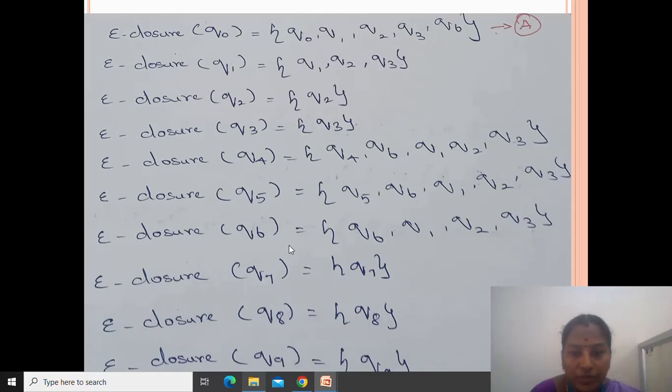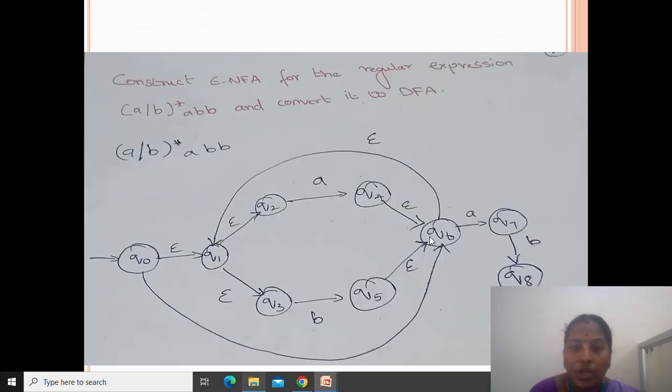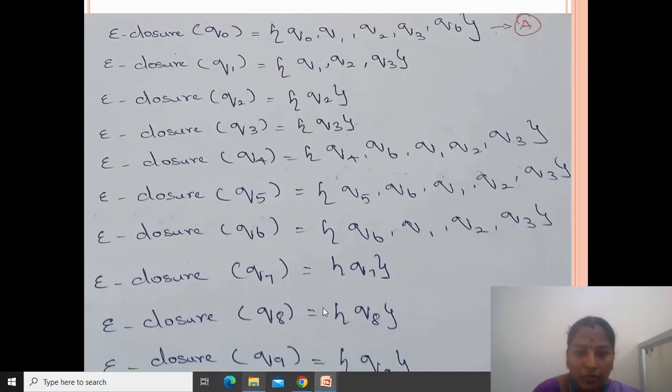Epsilon closure of q6: the initial state is q6, from q6 it goes to q1, and from q1 to q2 and q3.